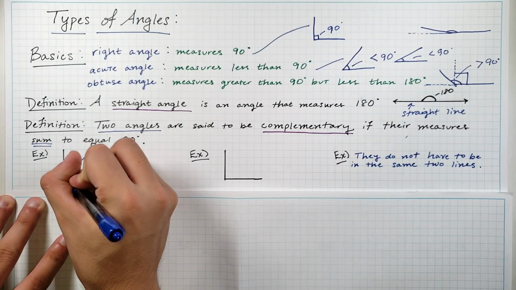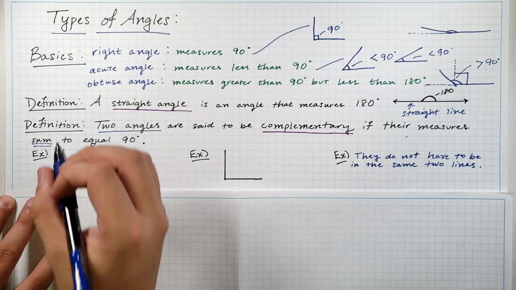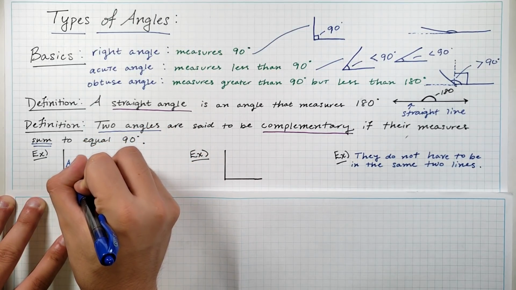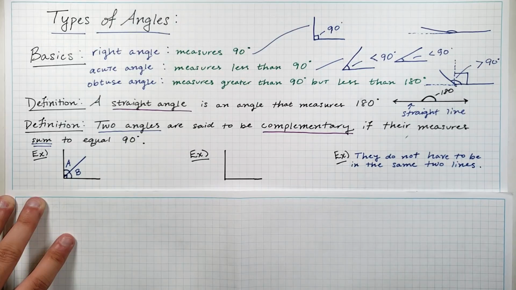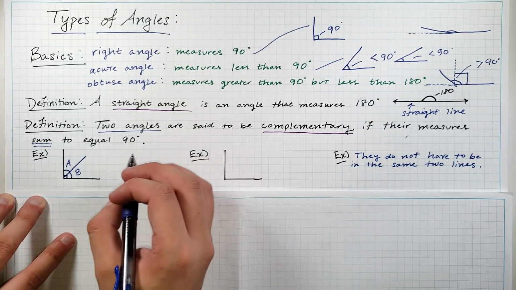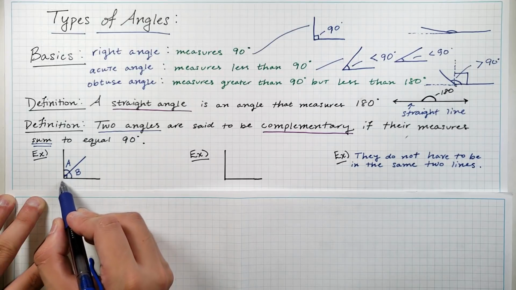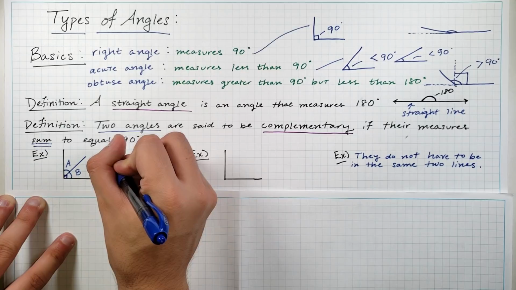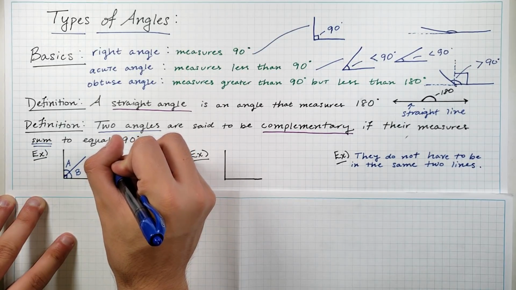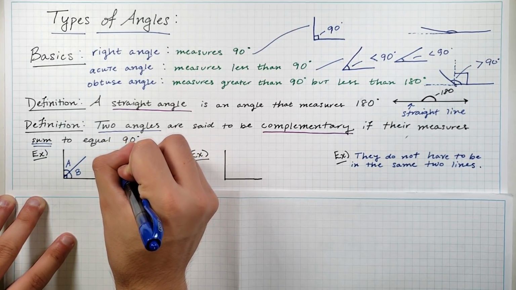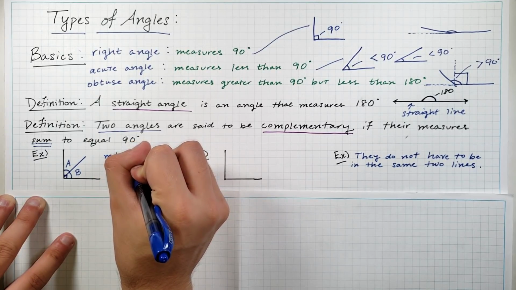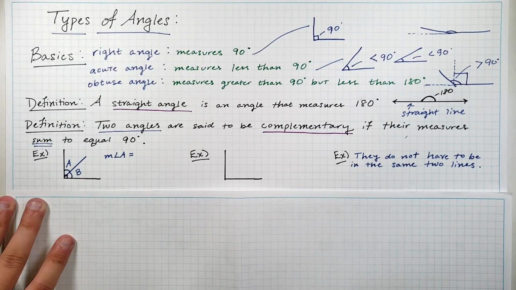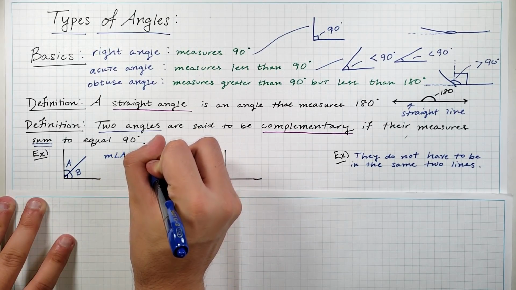So this top angle, let's call it A, and this bottom angle here, let's call it B. Since we cut up an angle that measured 90 degrees exactly in two, the measure of angle A is equal to 90 divided by 2, which is 45 degrees.